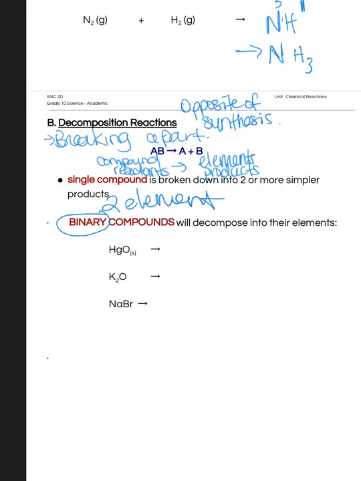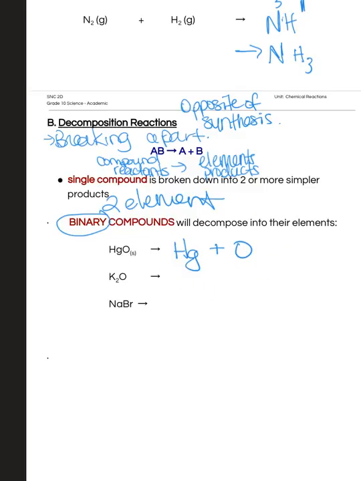So here, if I'm looking at HgO, this is actually going to be mercury oxide. Okay, so Hg is mercury. So here, I'm simply going to break them apart into their pieces. So I'm going to end up with Hg plus O. So a couple things to notice. This plus sign here is super important. This tells me that this is no longer a compound.